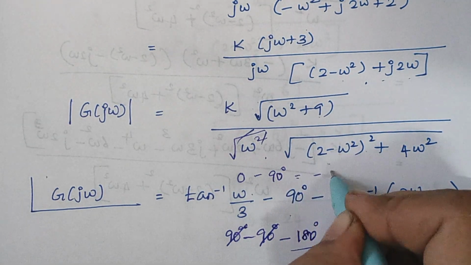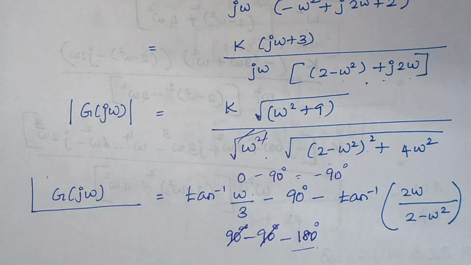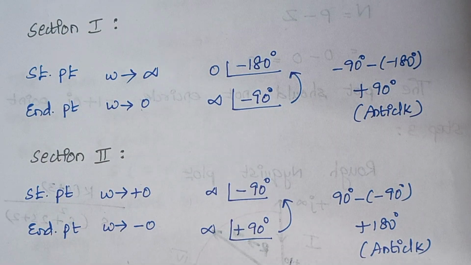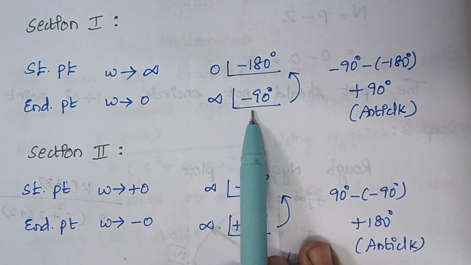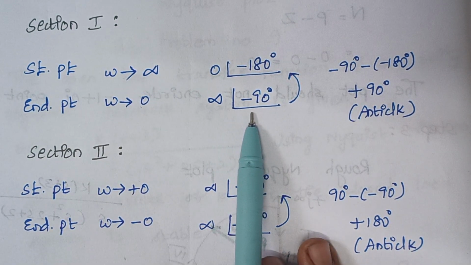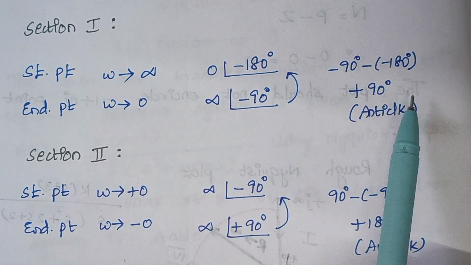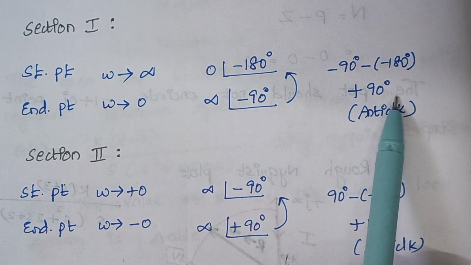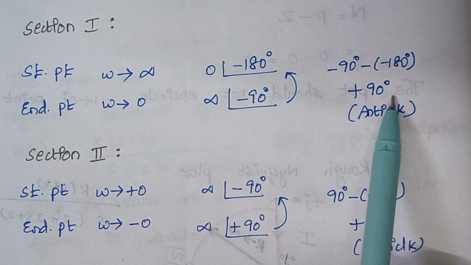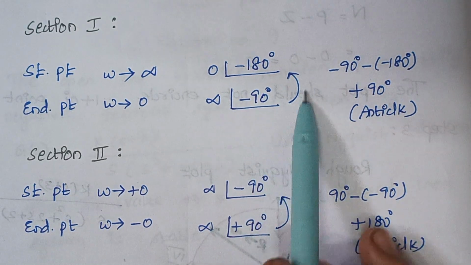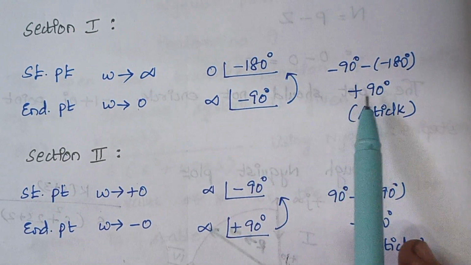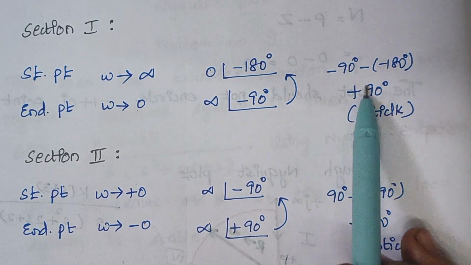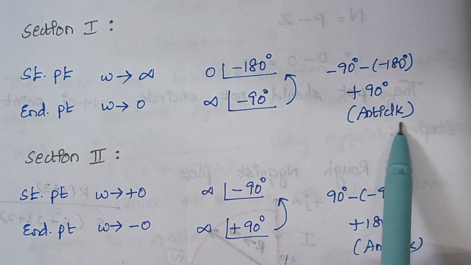So 0 minus 90 degrees, again minus 90 degrees, right? So the value is infinity at an angle of minus 90 degrees. So here finally we have to find in what direction we have to rotate and what is the angle to be rotated. So minus 90 minus minus 180 degrees gives plus 90 degrees. Plus indicates we have to rotate in the anti-clockwise direction.